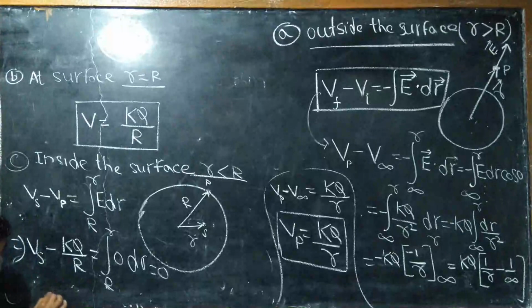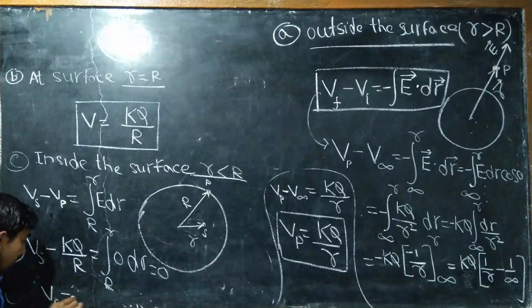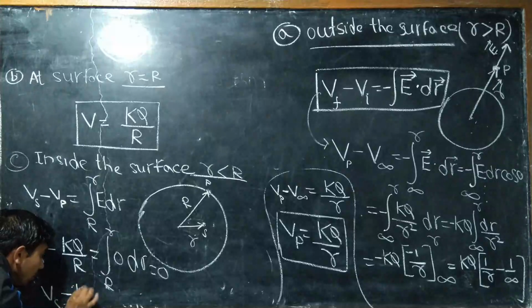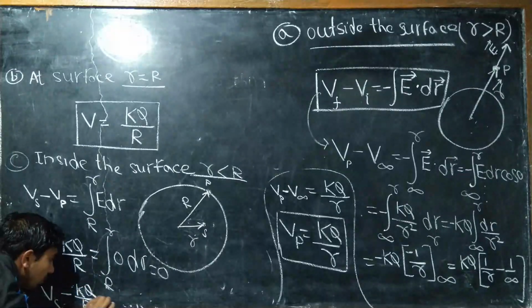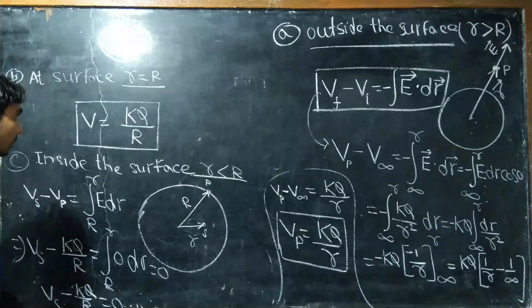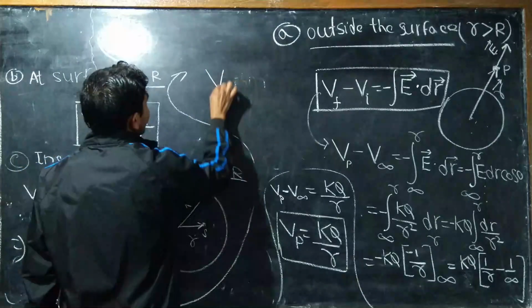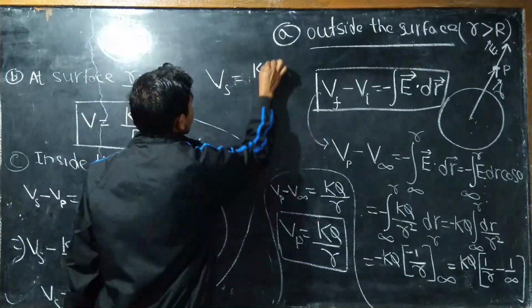So what formula is coming finally? Vs minus kq by r is equal to 0, right? Yes or no? So after this you are able to write Vs is equal to kq by r.